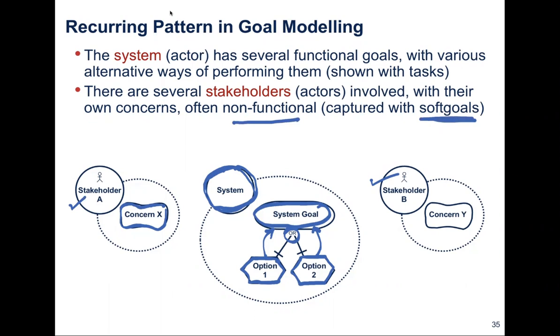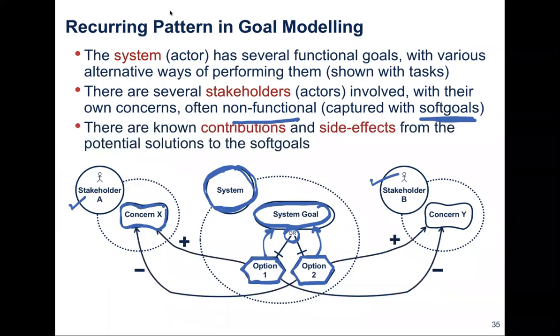In addition to multiple stakeholders with multiple concerns, we might have contributions and even side effects that could provide a way of understanding the relationships between the concerns, which are the soft goals, and even the goals and the tasks.